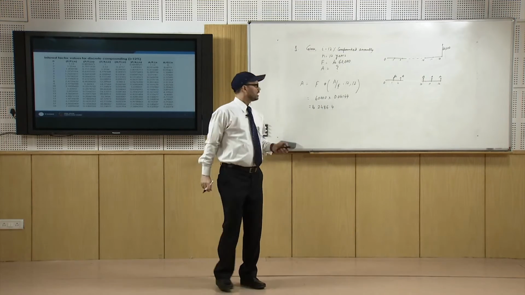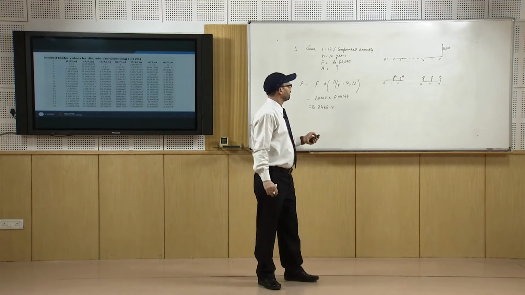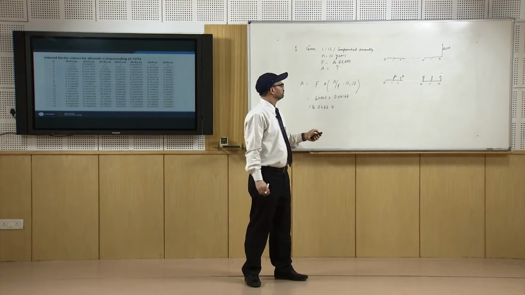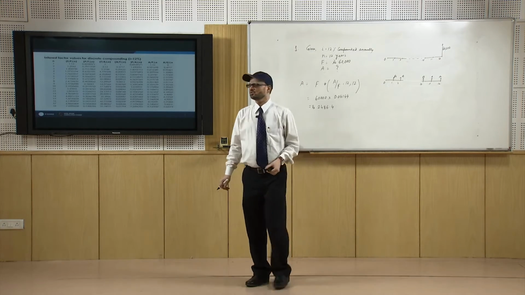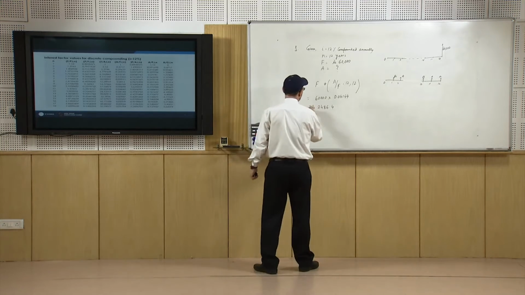It means if you deposit rupees 2486.4 for 12 years at 12% interest, you will get 60,000 rupees. So, this 2486.4 is the required answer.